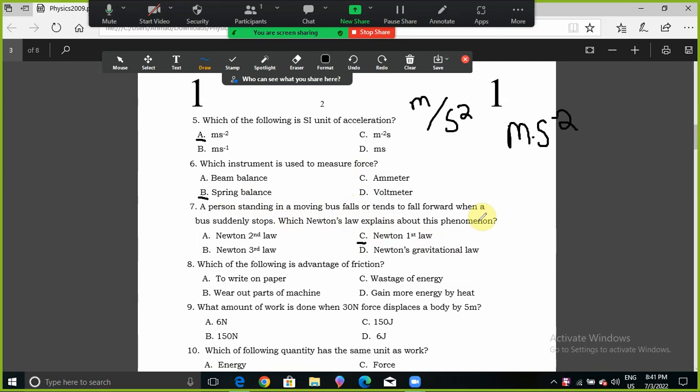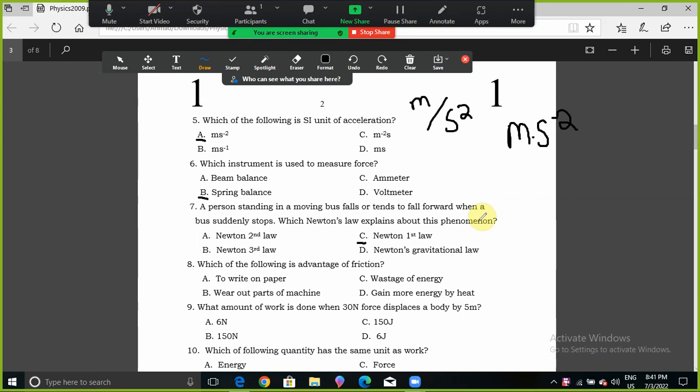Now question number 8 says, which of the following is an advantage of friction? The options are to write on paper, wear out parts of a machine, wastage of energy, or gain more energy by heat. Number 8 says to write on paper, and yes, it is an advantage of friction.